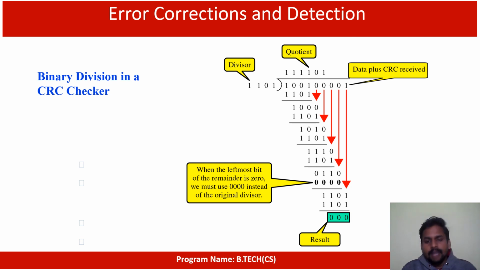It means that whatever data was transferred to the receiver side is accepted, because all the terms give 0 in the binary division. If any one bit value is not 0 and becomes 1, they will reject it, because it does not satisfy the condition. At that moment they will understand that something happened, that's why the data is not giving the right value. In this way they do error detection and correction.